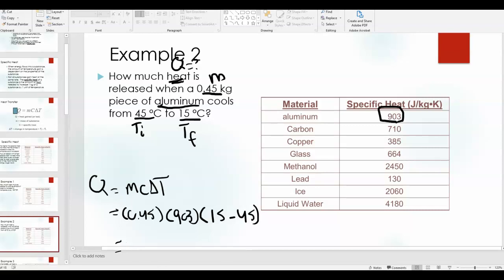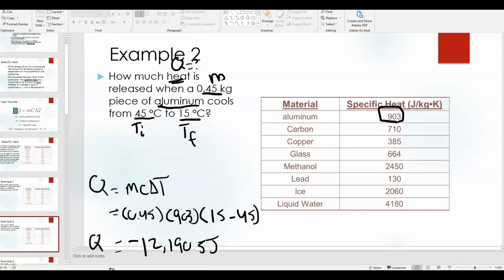Now, 15 minus 45 is going to be negative, and so we end up with a negative value for our answer, negative 12,190.5 joules.